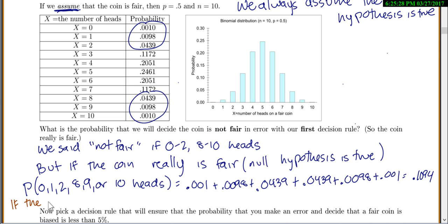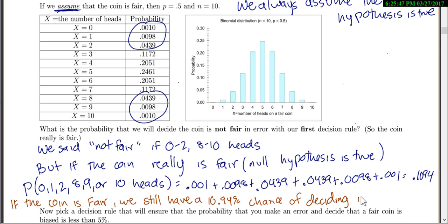So if the coin is fair, we still have a 10.94% chance of deciding it is not fair. And then of course we would be incorrect.